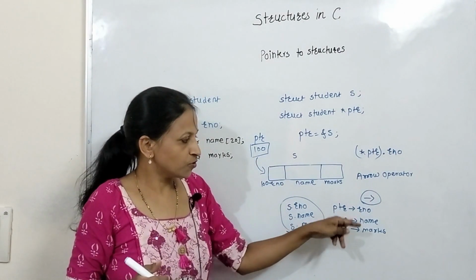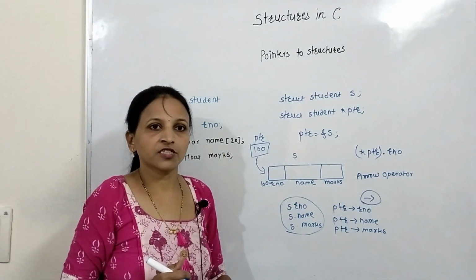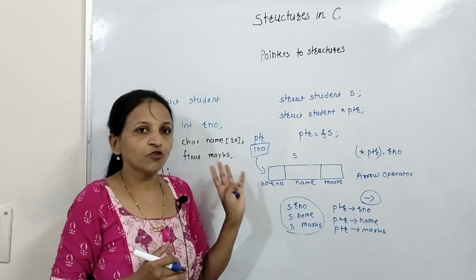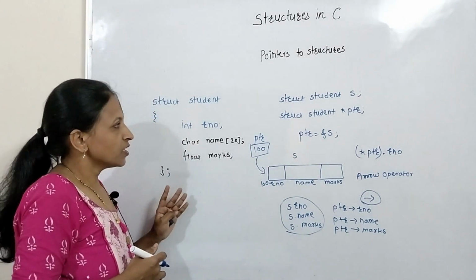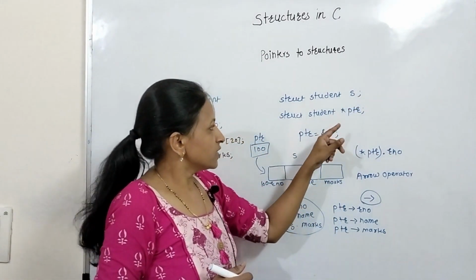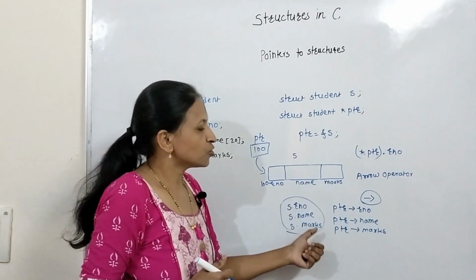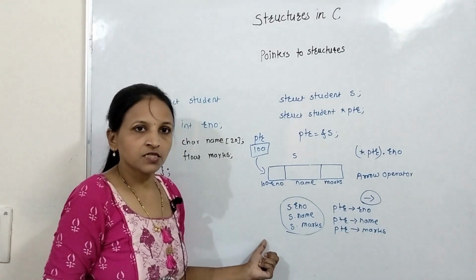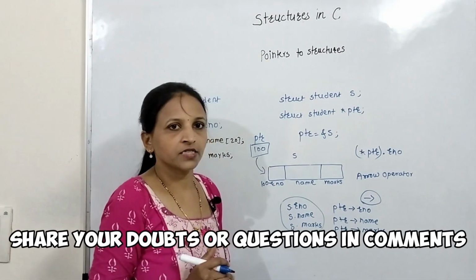Getting? And for that we have to use the arrow operator. This is the concept of pointers to structures. If you want to write a program for this, you can easily write a structure student, create the two variables S and *ptr, store the address of S in ptr, store information with the help of S, and access that information with the help of ptr. You can try it.